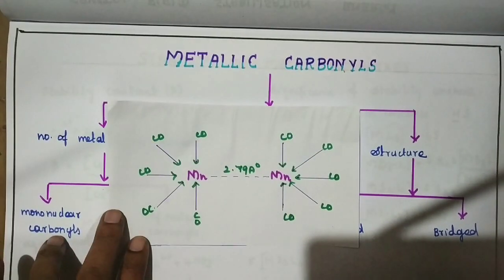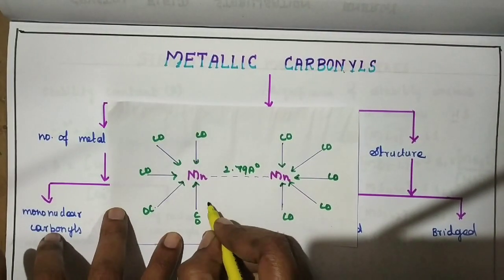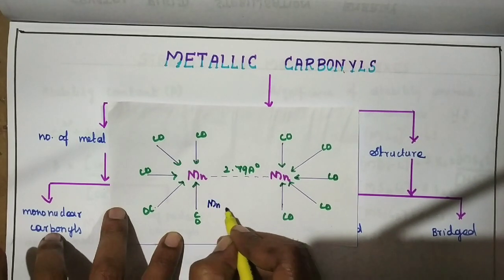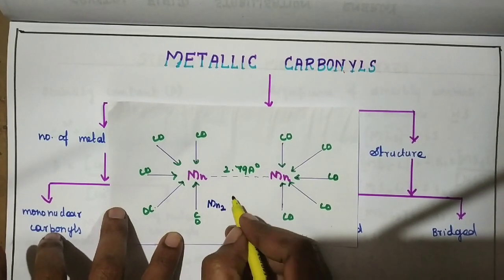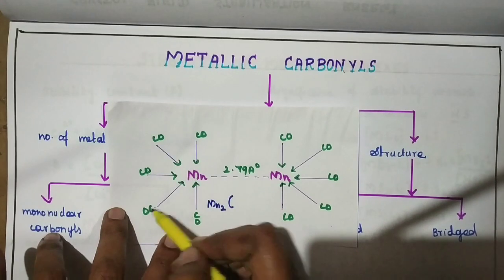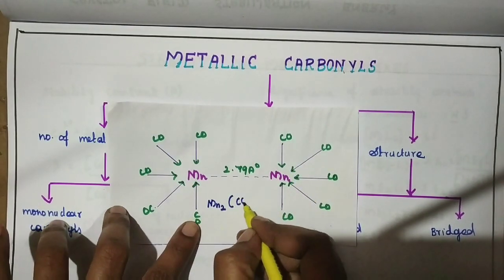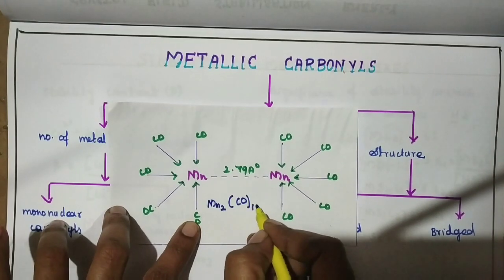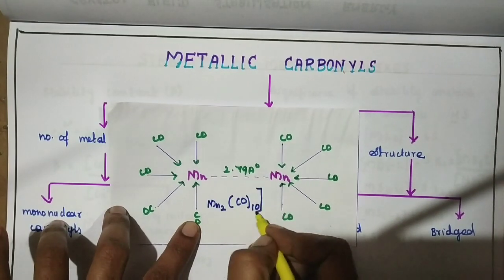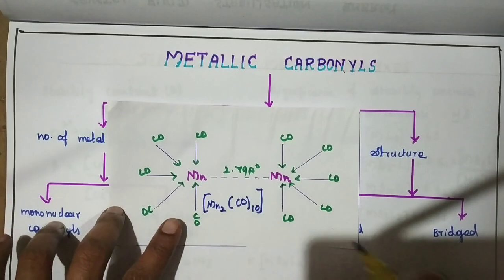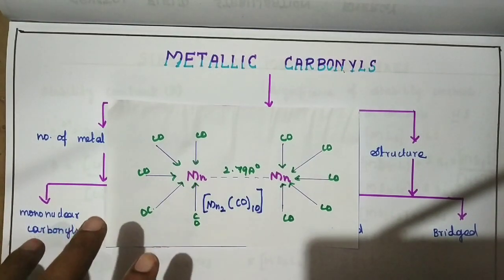Then here Mn2, with 10 ligands. This is the polynuclear carbonyls example.